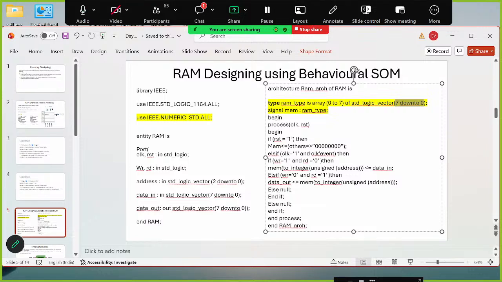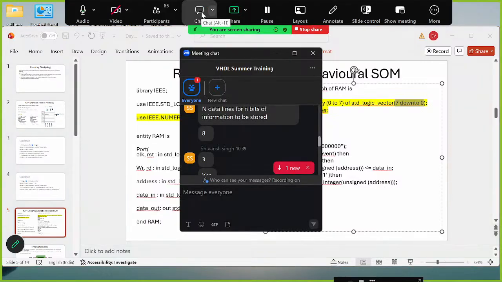There is no change in the process. The conversion function will work, all these things would work. You only need to change the data in, data out, and address lines. This small program will work for all different capacities of memory. Have you understood what I'm trying to convey to you?